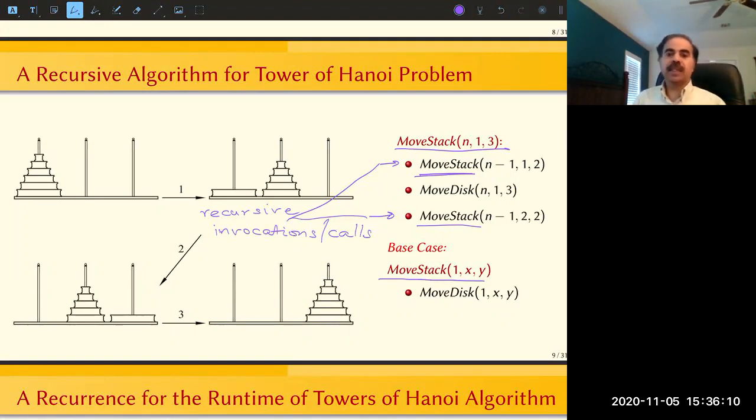In the case of real programming languages, the terms you're going to be using are function and call, right? So this will be a function, and this will be a call to the function.